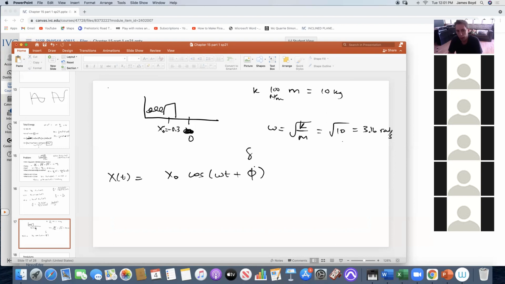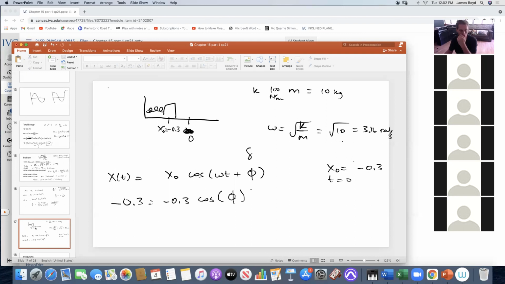So we know at t is equal to 0, the initial condition, x naught is negative 0.3, okay? So that means negative 0.3 equals negative 0.3 cos of phi.